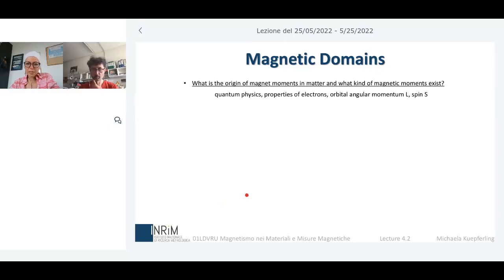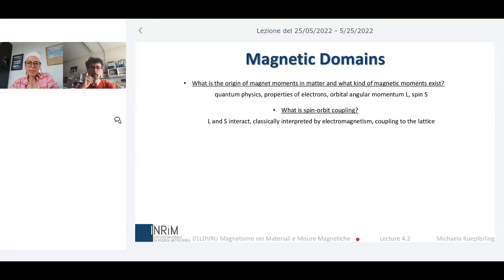The origin of magnetic moments is, of course, in quantum physics, and the magnetic moments are properties of the electrons. We have the orbital angular momentum L, and we have the spin moment S. What is the spin-orbit coupling, which I touched very briefly?